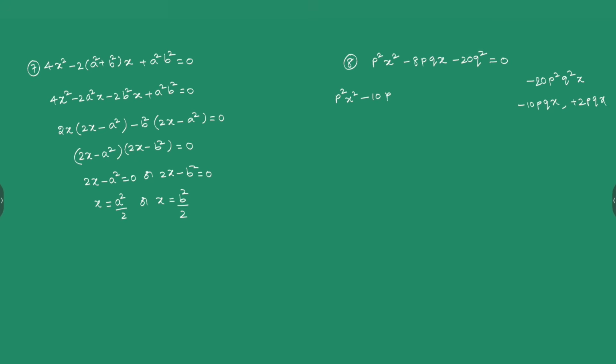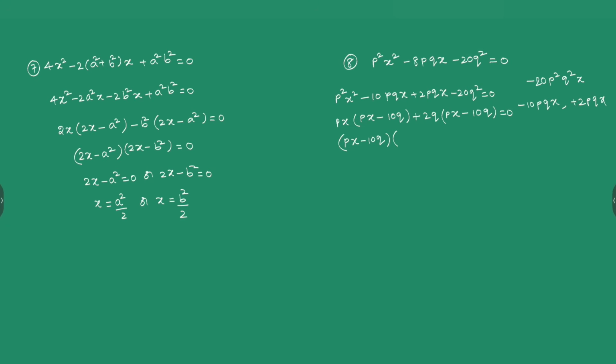So minus 10pqx plus 2pqx minus 20q square is equal to 0. Now in the first two terms we have p and x both common. So one more px will be left, minus 10q will be left, plus in these two 2q is left. So px minus 10q, and again px minus 10q is left common.